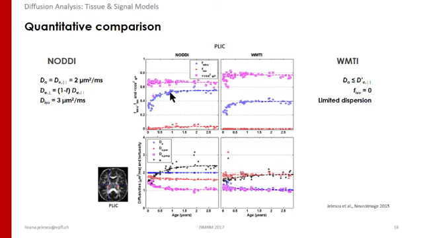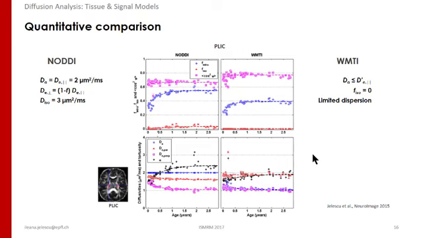Here you can see that at least the trends with age match qualitatively, but the quantitative estimation of your fraction, for example, is much higher in NODI than in WMTI, and the orientation dispersion is less in WMTI than it is in NODI. With NODI, of course, the diffusivities are fixed, and the ones that are estimated in WMTI don't match the values that are fixed in NODI at all.